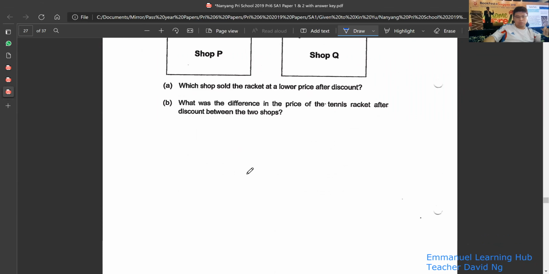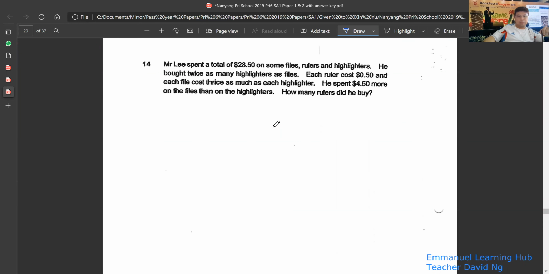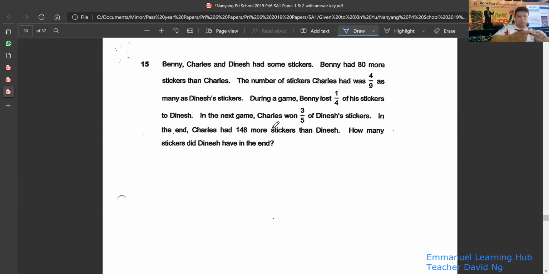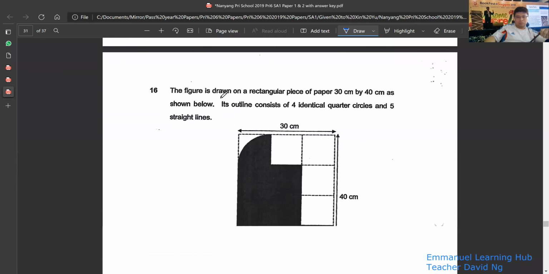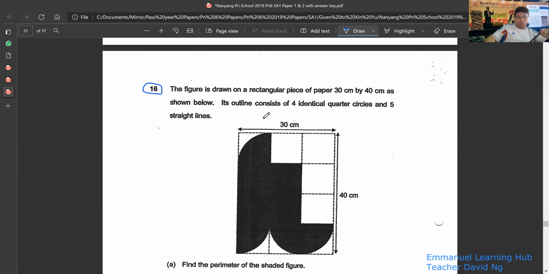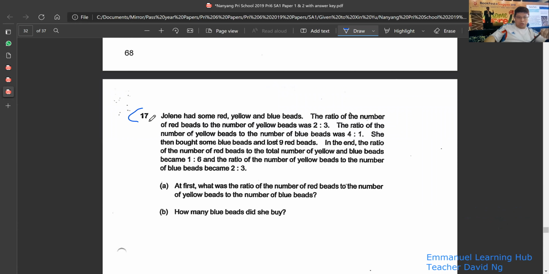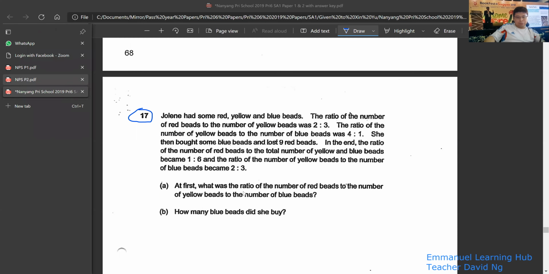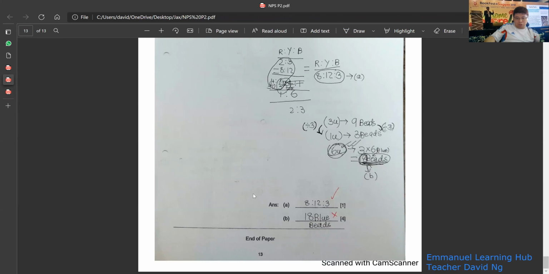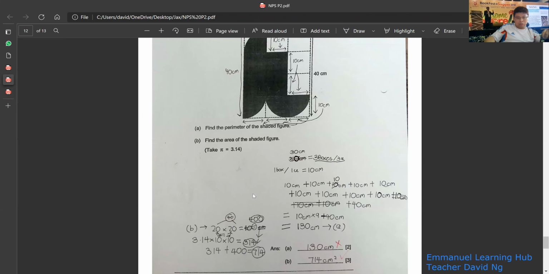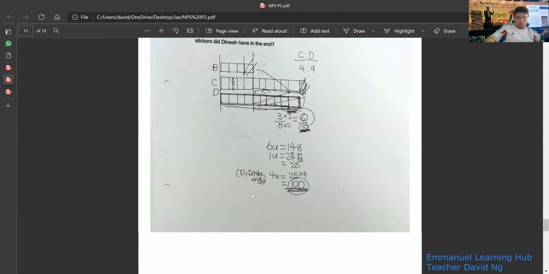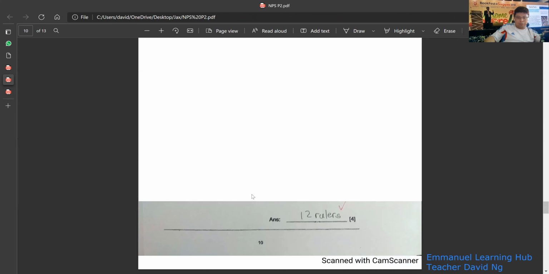Those circled in blue, I need to go through with you. 17, 16, and 15.